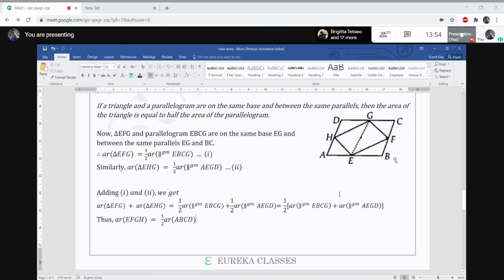And on the right hand side, if we add EBCG and AEGD parallelograms, what I will get? I will get ABCD parallelogram, or ABCD quadrilateral, you can say. So that's what we got. Look here. Thus area of EFGH equal to half of area of ABCD. Hence proof. This is a very interesting proof and very important also.